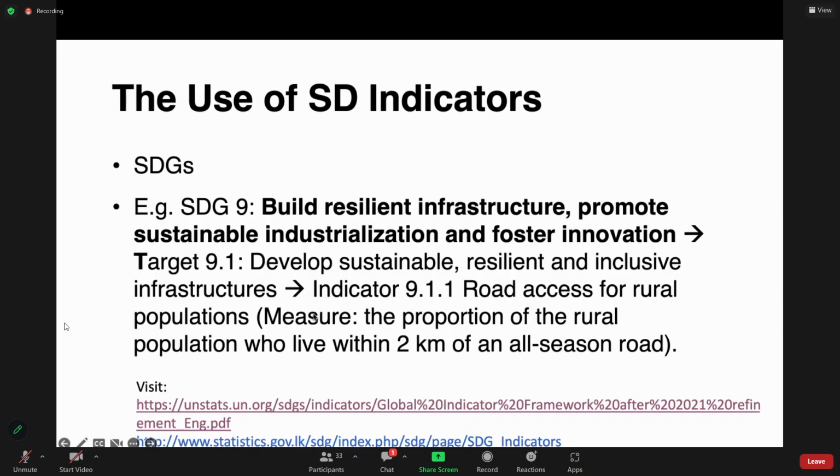So how do you measure that? The proportion of the rural population who live within 2 kilometers of an all-season road. So they are very objective. You can quantify those things.